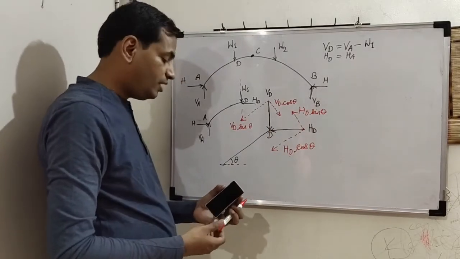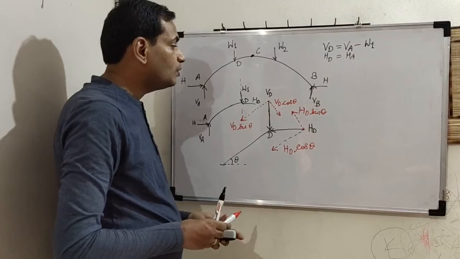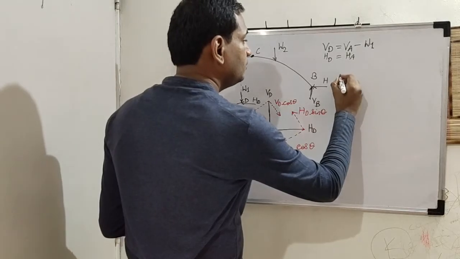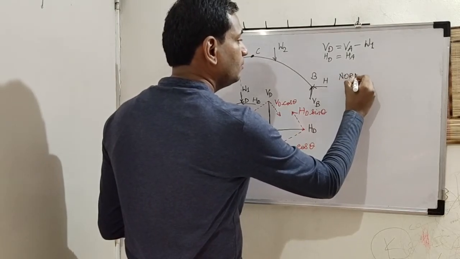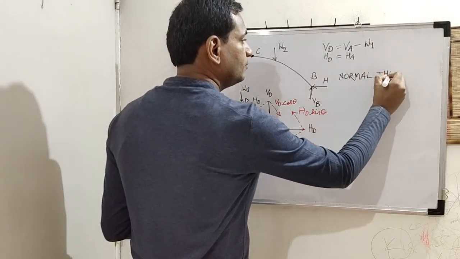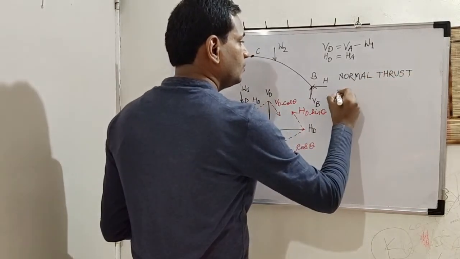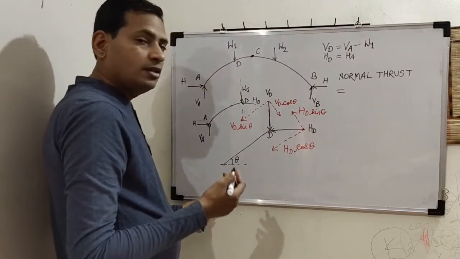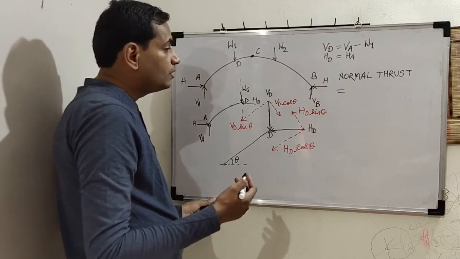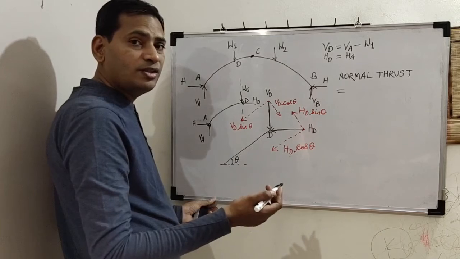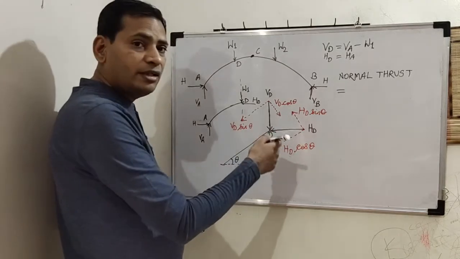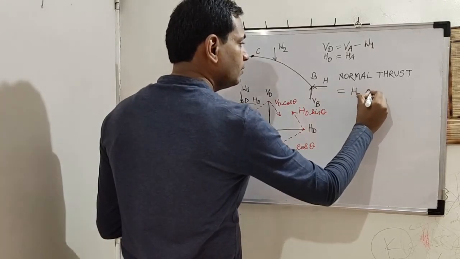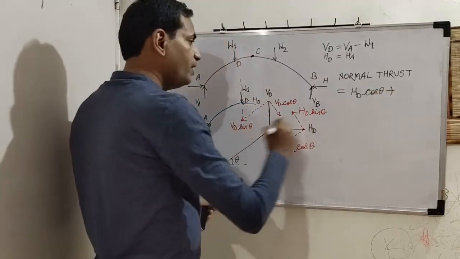So in this we can now define two terms or two concepts mathematically. Normal thrust will be the summation of components of reactions acting parallel to the tangent. So this is HD cos theta plus VD sin theta.